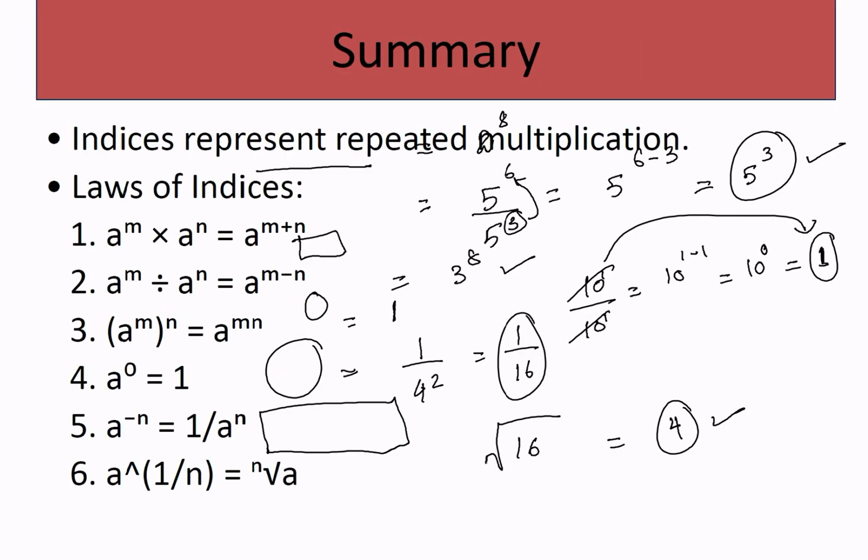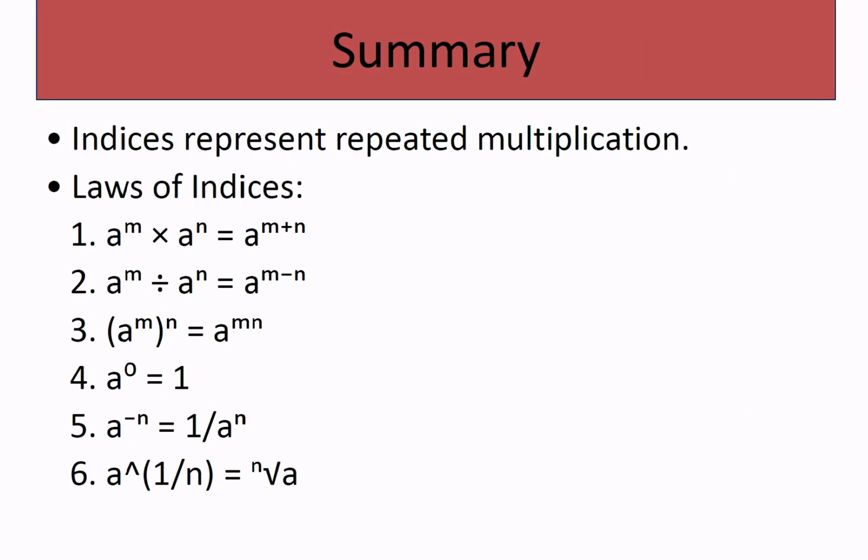Next, a summary of these questions. What we understand is that with the same base, when multiplying, their powers are added. With the same base in division, you can shift the power and change the sign of it.